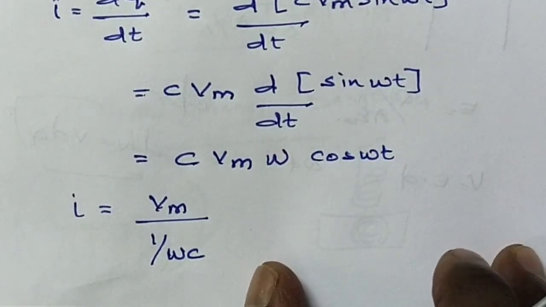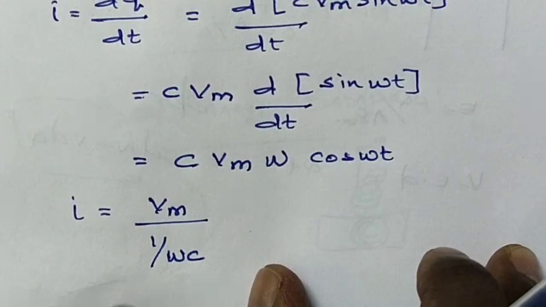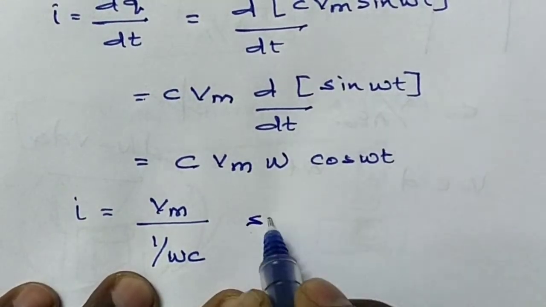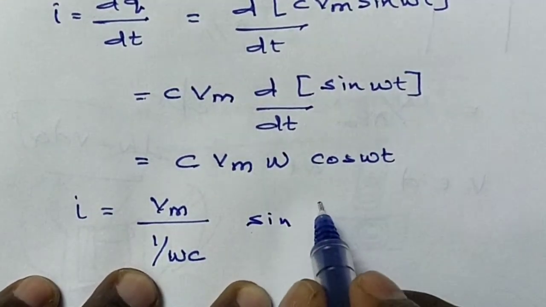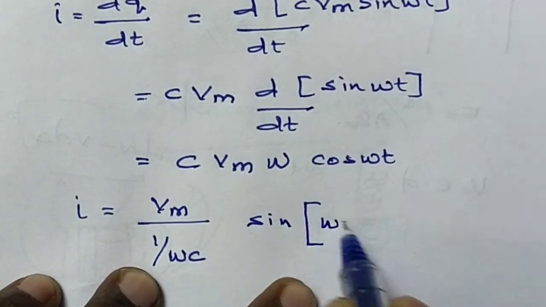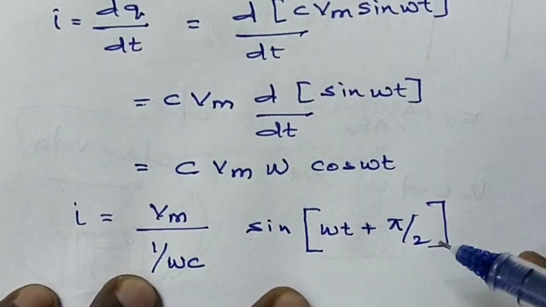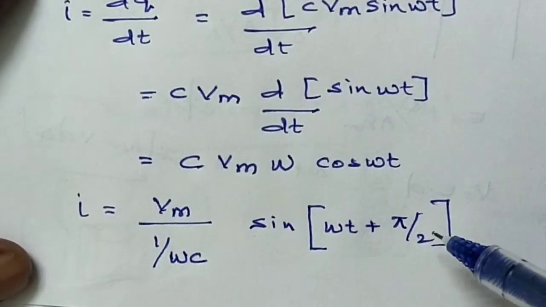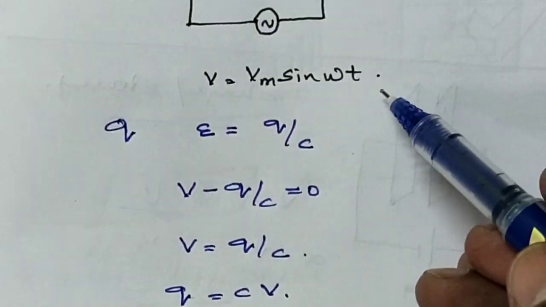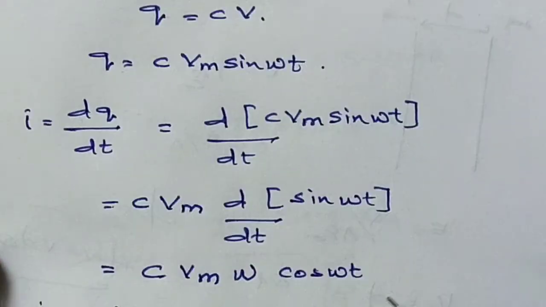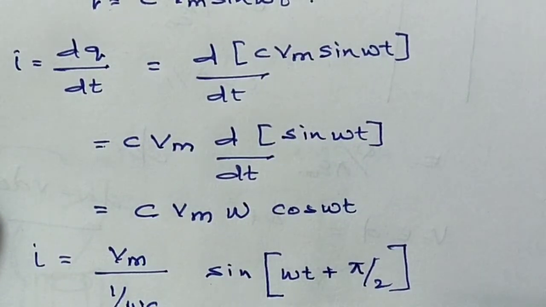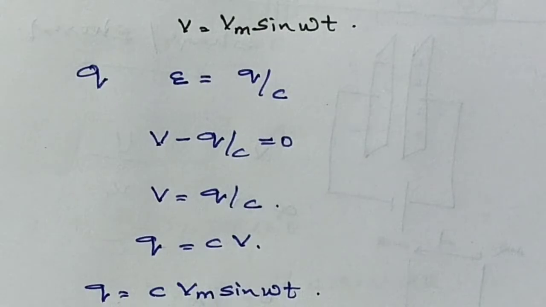We know cos theta equals sin of 90 plus theta, so cos omega t is sin of omega t plus pi by 2. Comparing the alternating current and alternating voltage equations, the current leads the applied voltage by pi by 2.